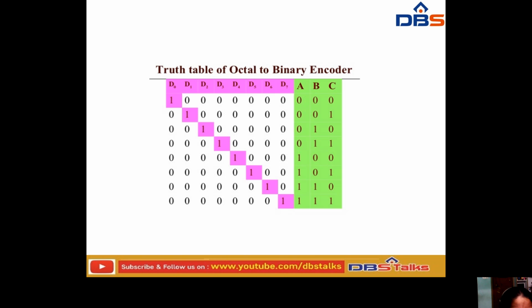Okay. And the next one, 111, that is 7. So at the place 7, we will keep the value 1, and the rest of the things will become 0.